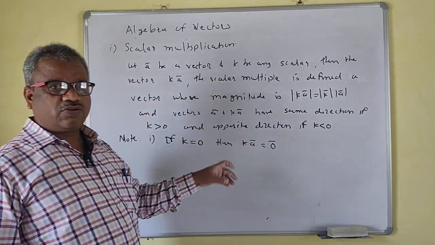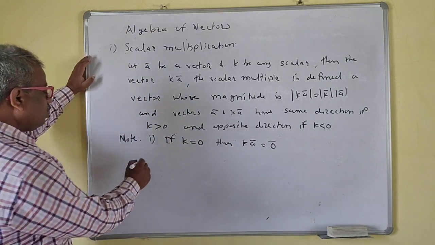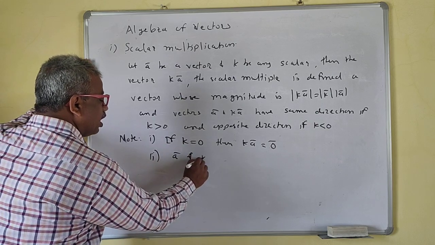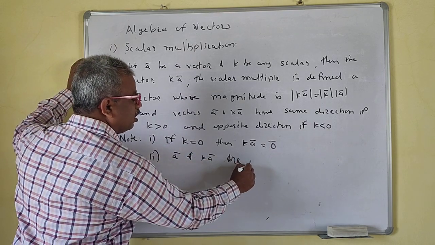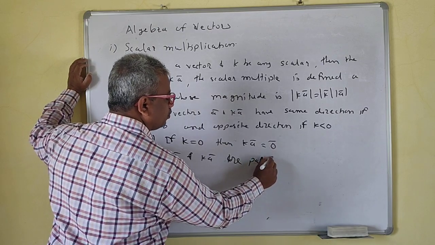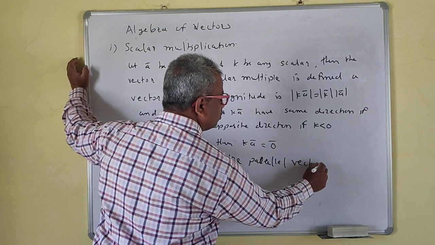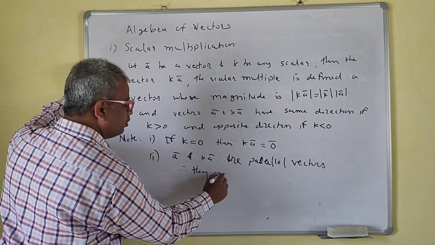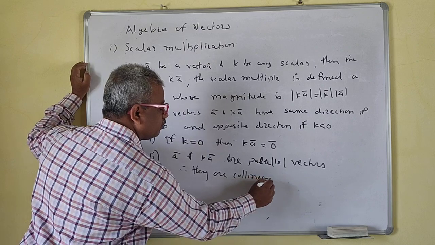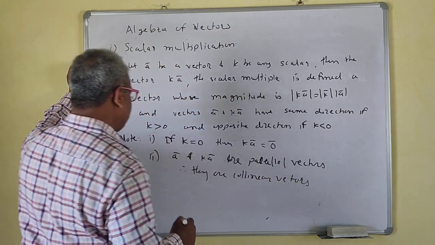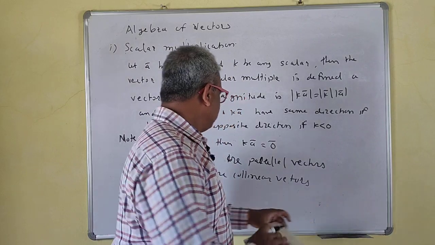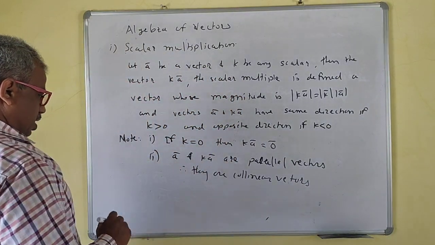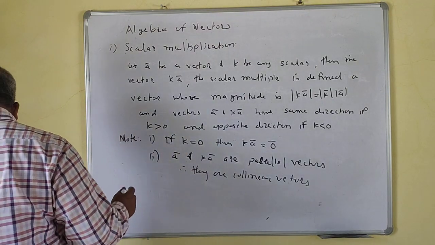Second, a bar and k a bar are parallel vectors, and parallel vectors are collinear. They are collinear vectors.